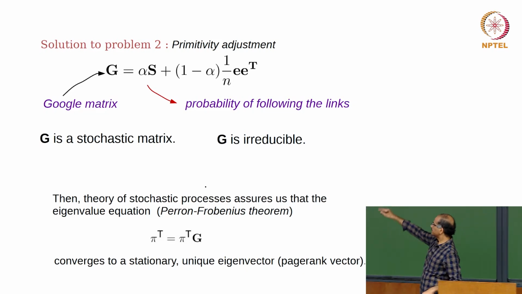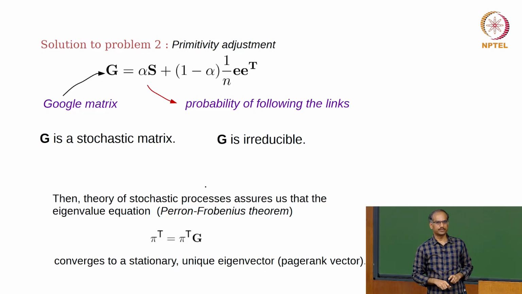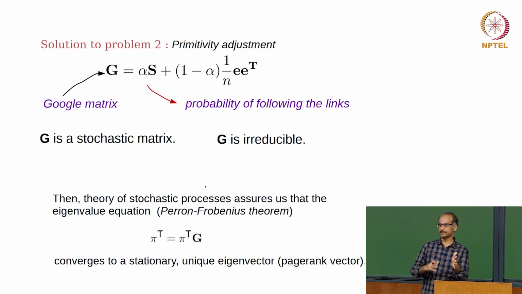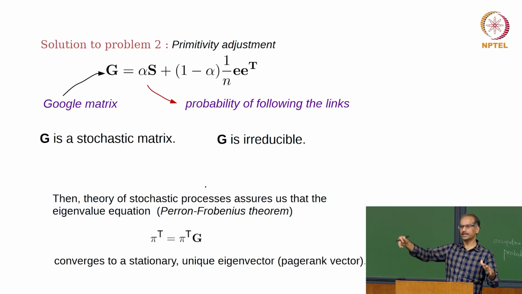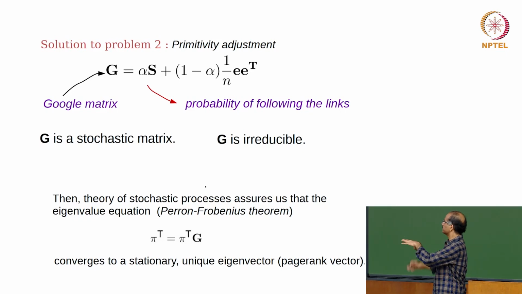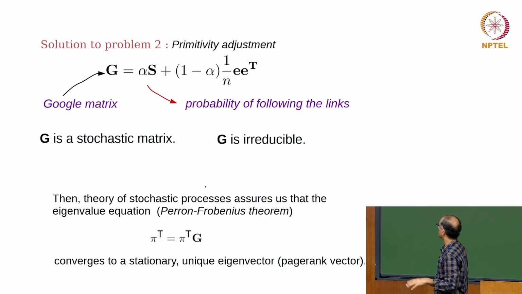Okay. So that is controlled by this parameter alpha. So there is a probability for following the links, there is a probability for simply teleporting to a new site and just doing the same thing again. So alpha into S, and 1 minus alpha is of course the probability for not following the links.